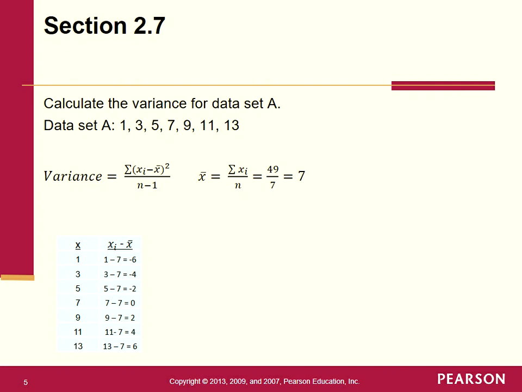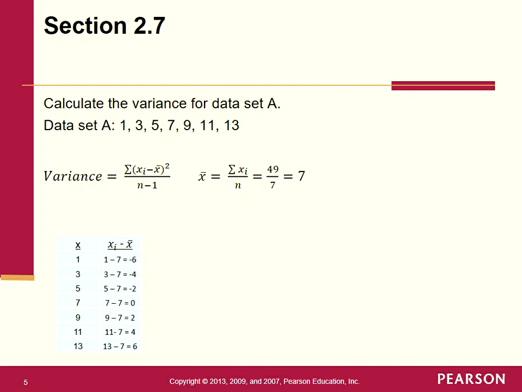If you've done everything correctly, this column, this xi minus x bar, always has to sum to 0. Notice it does sum to 0 here. It's what we call the deviations. Anytime you calculate the deviations and add them up, it always sums to 0.